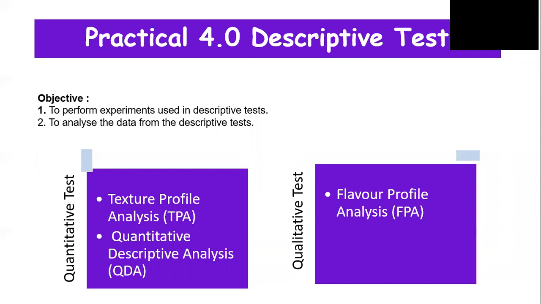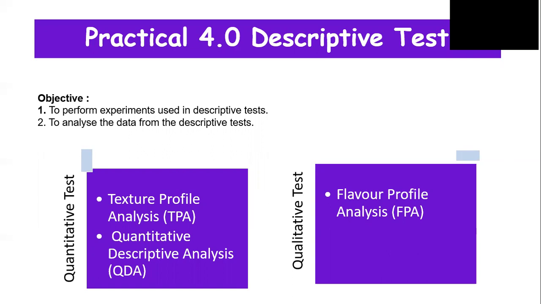Under quantitative descriptive tests, we have texture profile analysis, TPA, and quantitative descriptive analysis. While for qualitative tests, we have flavor profile analysis. It is much more challenging if we do the qualitative test, since we will not obtain any number. The measurement is more difficult because it is based on the description only.